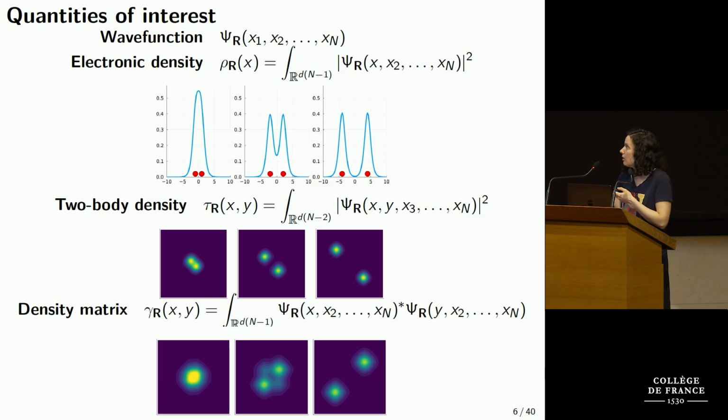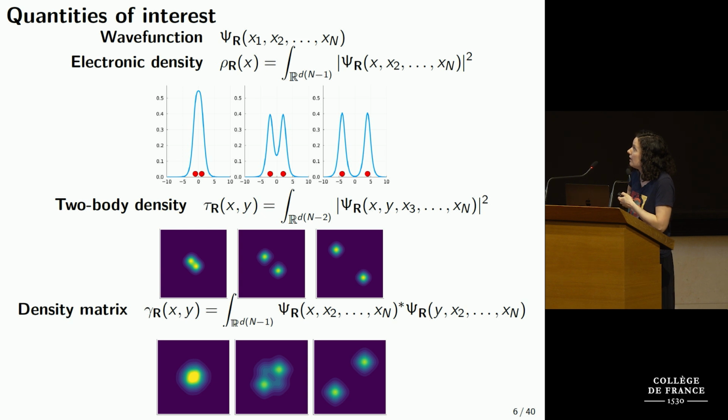Just to give a little idea of how this object looks like. As said, the object of interest is the wave function, which is this very high dimensional object. But in practice, one can reconstruct exactly the energy with 3 low dimensional objects computed from the wave function. Namely, the first one, which is the electronic density.